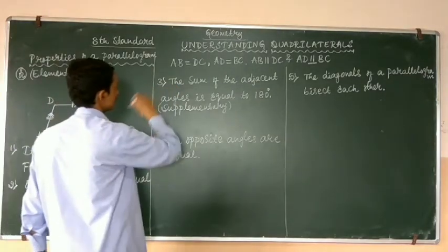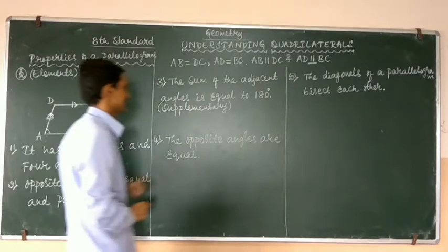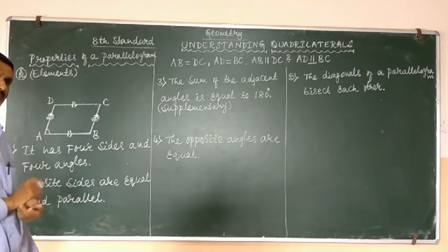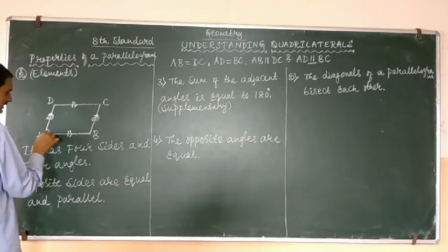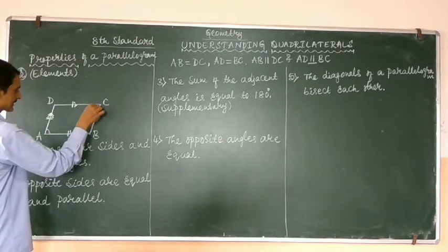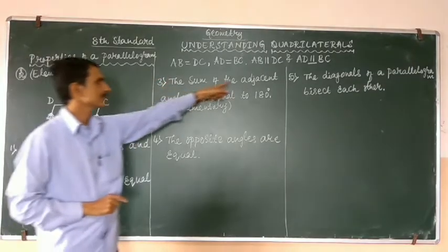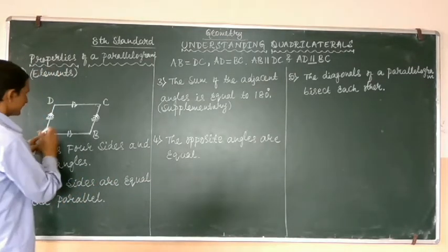Okay, students. Now coming to the third property, the sum of adjacent angles. There are four angles: angle A, angle B, angle C and angle D. Adjacent angles means side by side.